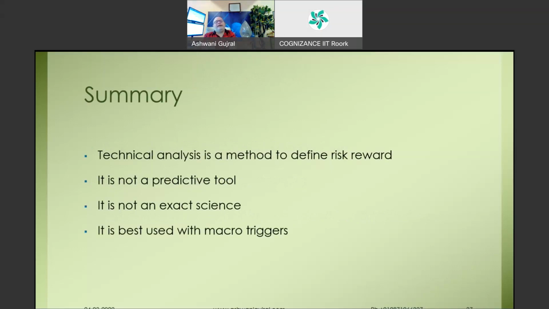Now, finally, technical analysis is a method to define risk reward. It is not a predictive science as TV channels would make you believe. Also, it is not an exact science. It is more an art than a science. So the scope of being wrong has to be there.